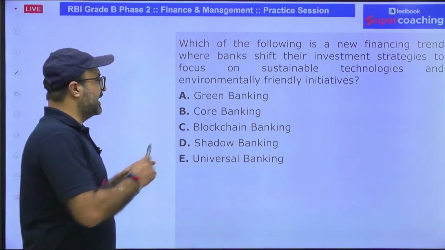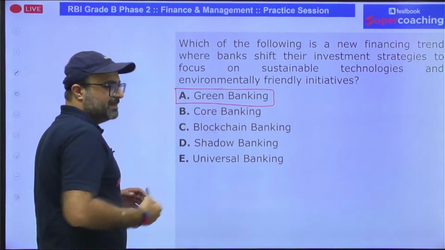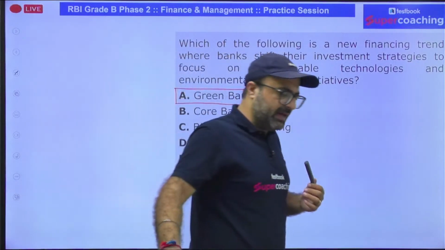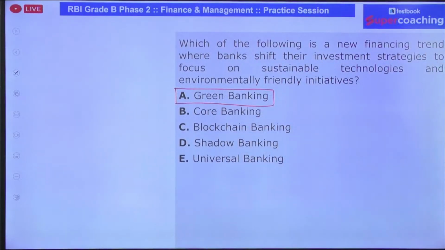That is known as green banking. If I give you a very simple example, paperless banking is an initiative of the banks to achieve their green banking targets, where no paper is going to be used in day-to-day bank transactions, and that can easily be included under the category of green banking.